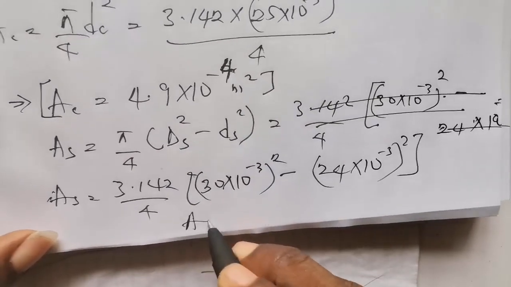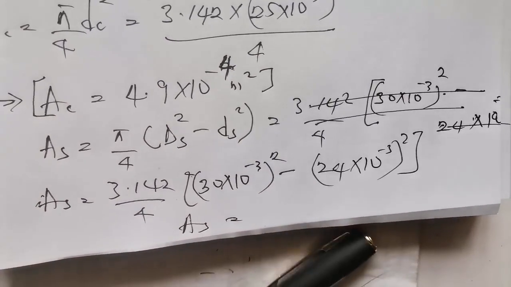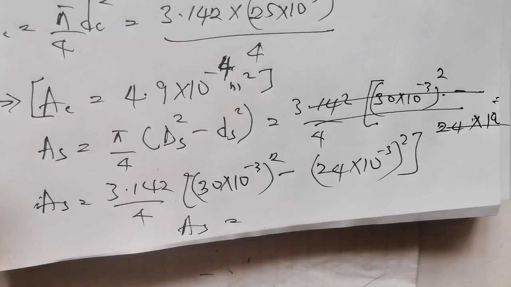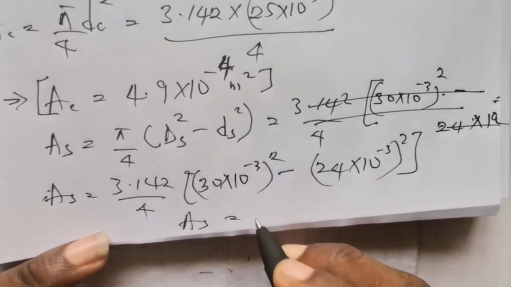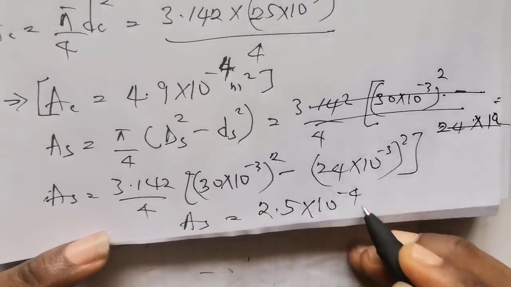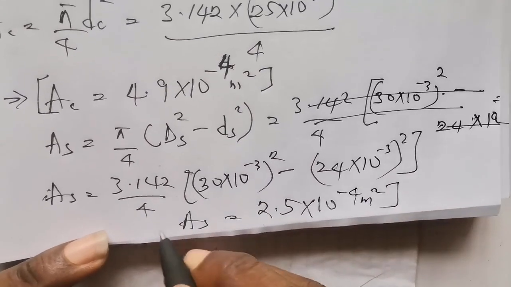I'm going to be pointing everything at once, so do well to also point along to avoid calculation errors. After evaluation, the area of steel gave us 2.5 by 10 to the power of minus 4 meter squared.